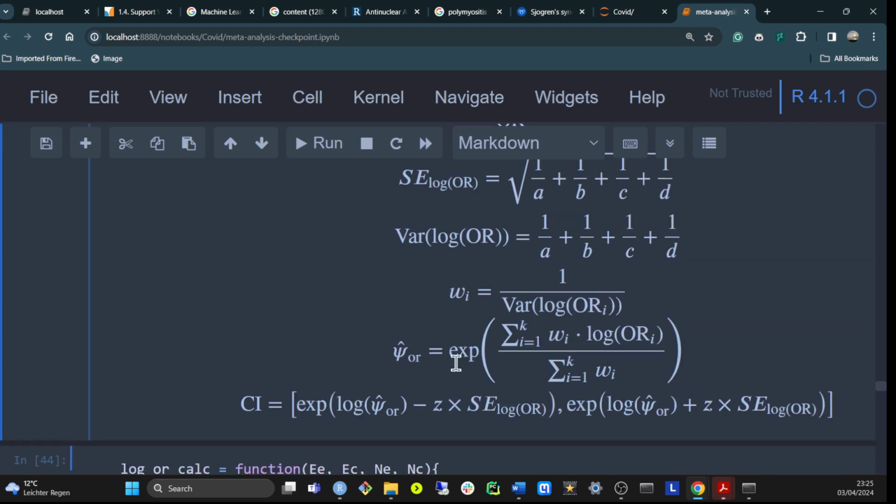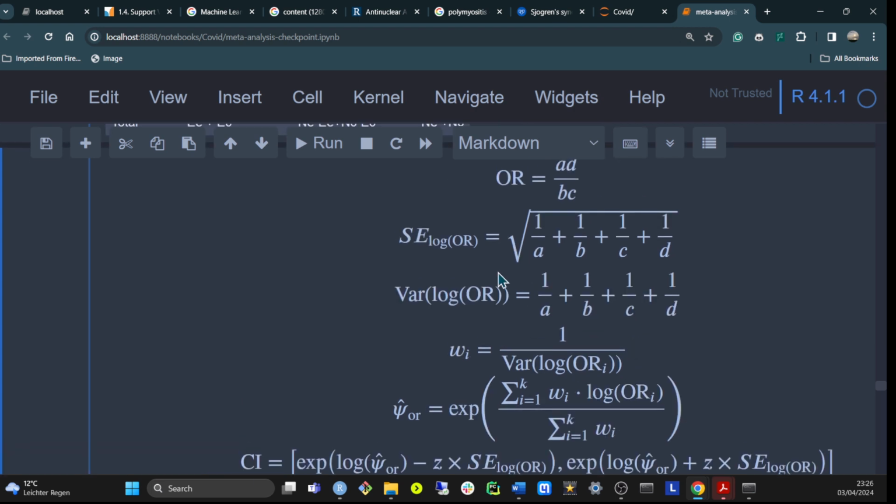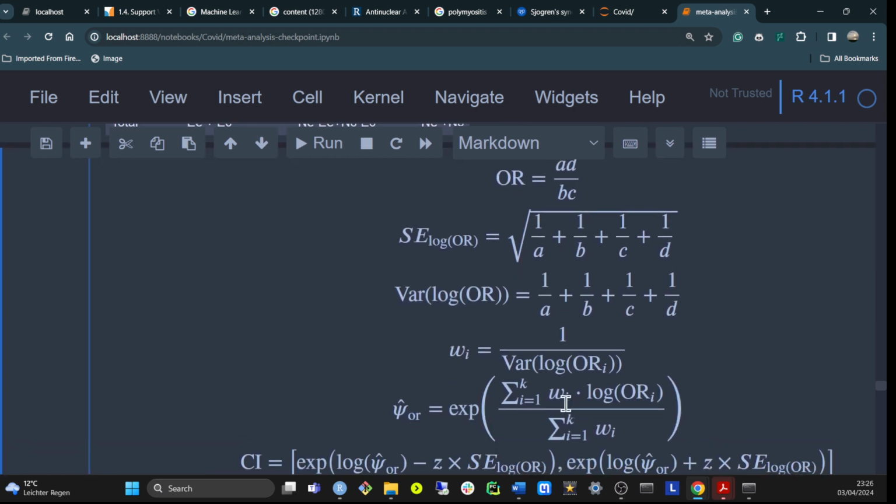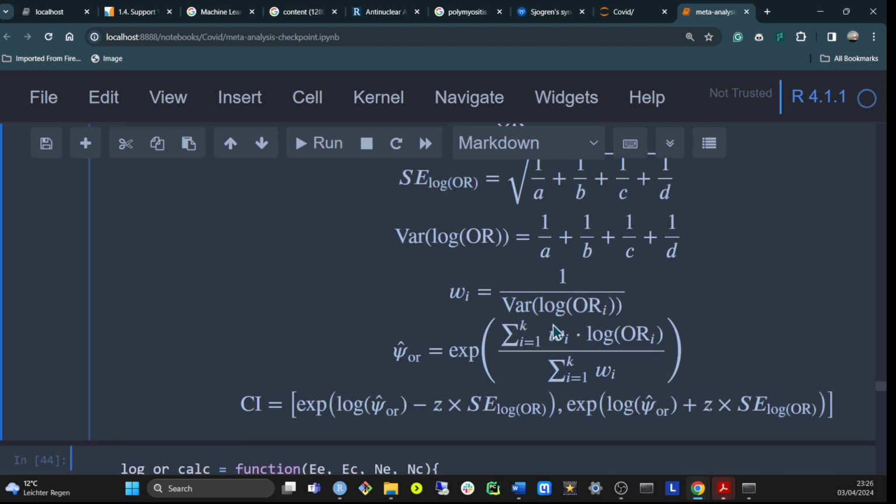The variance also needs the column values, that means A plus B, C plus D, A plus C, B plus D. So this is the row total, this is actually the column total. So this total times this total times this total times this total, divided by the grand total. That's how you calculate the variance.